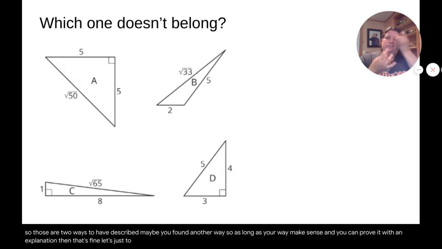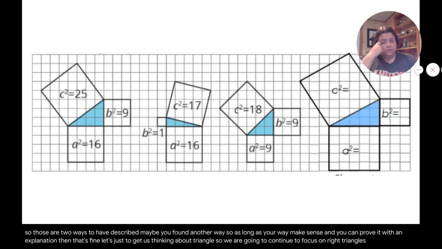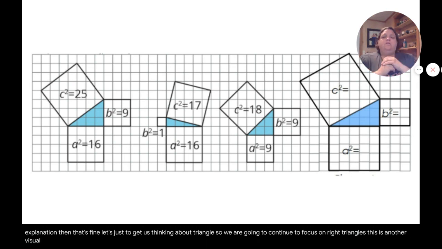This was just to get us thinking about triangles. So we are going to continue to focus on right triangles. This is another visual of knowing and having the Pythagorean theorem proved.